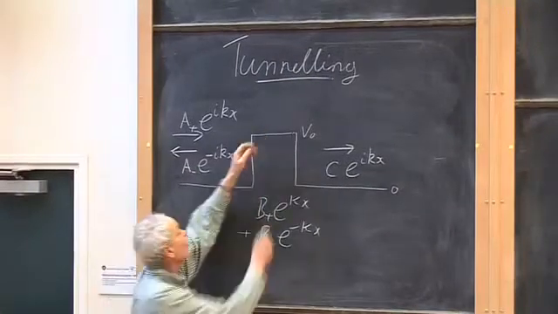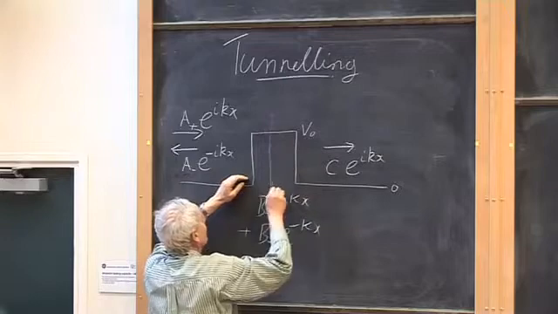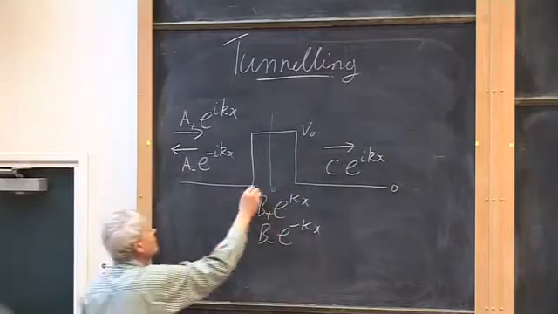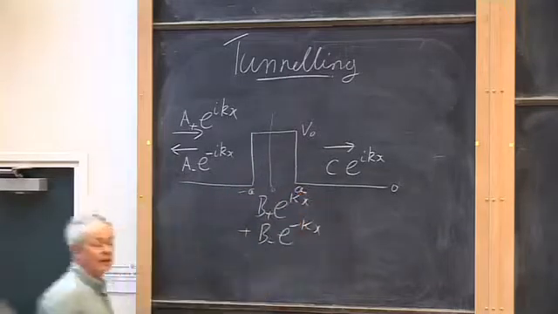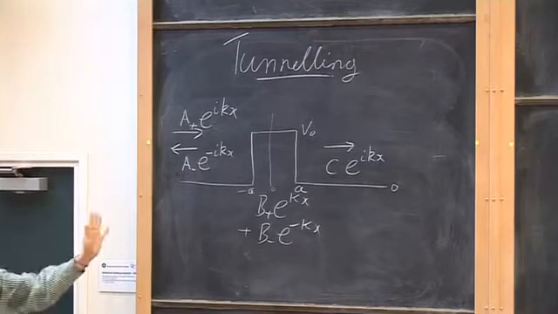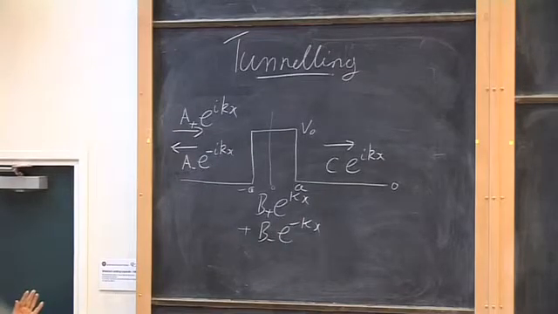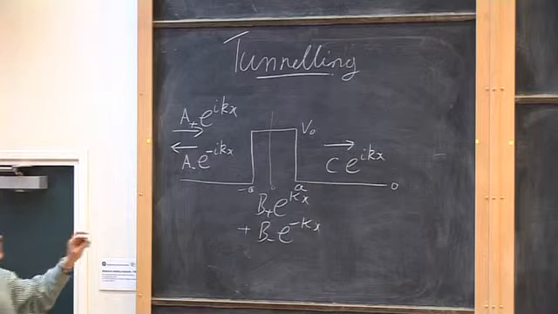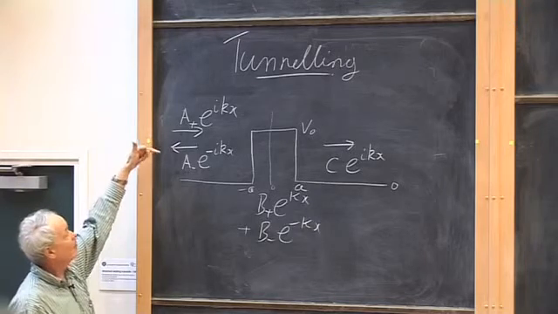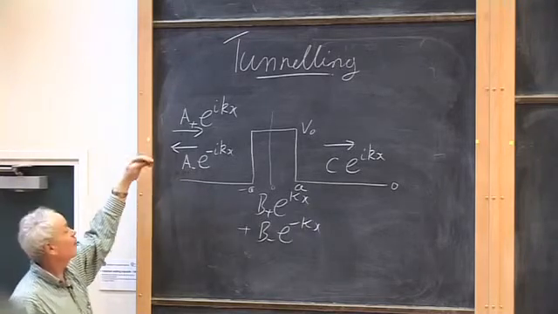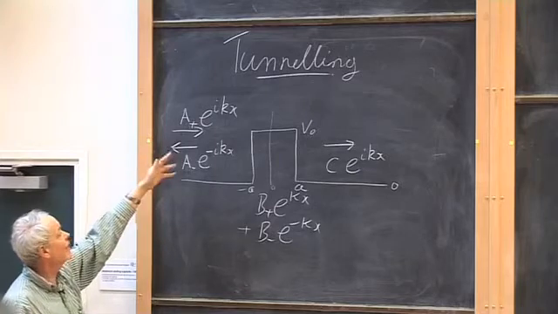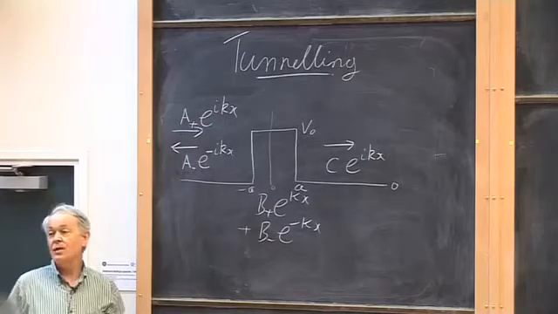It's symmetrical around the origin, which I forgot to say, but the origin is here in the middle of the well. This is minus a, and this is a over here. So the potential is going to be an even function of x, same as ever. But our initial conditions, the physical situation we wish to discuss, has a built-in asymmetry because the particles have to come in from one side or the other.